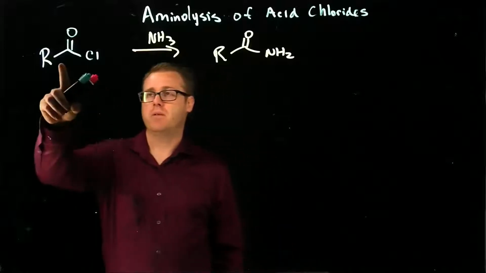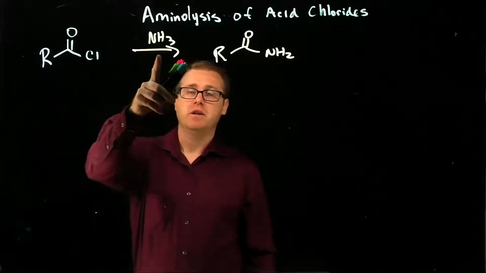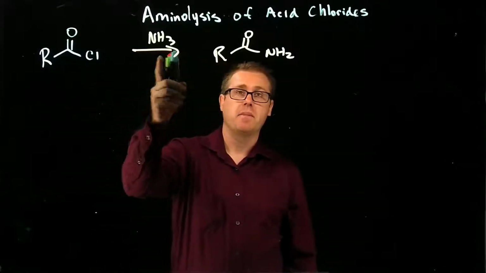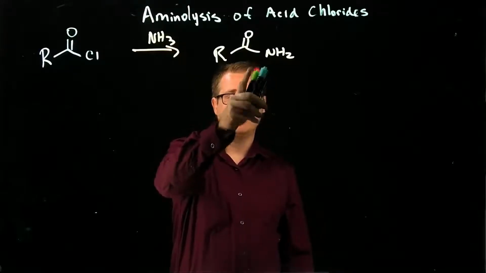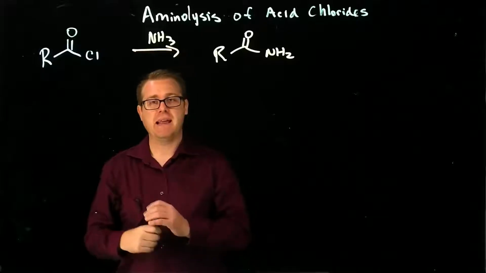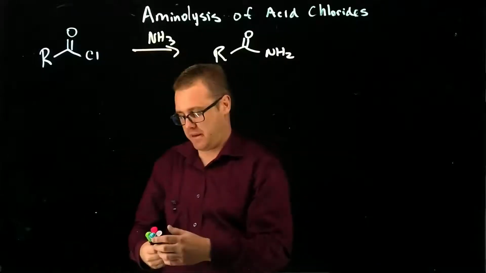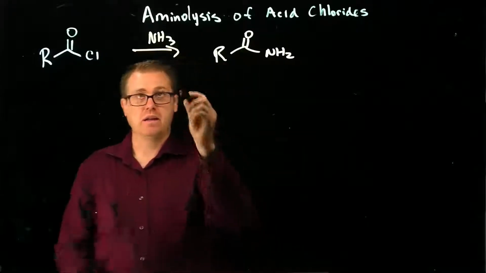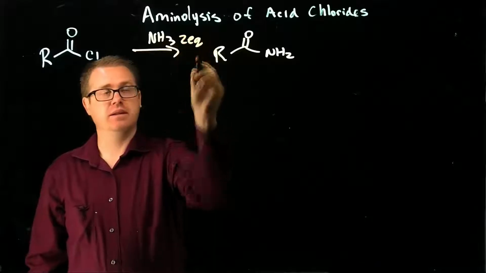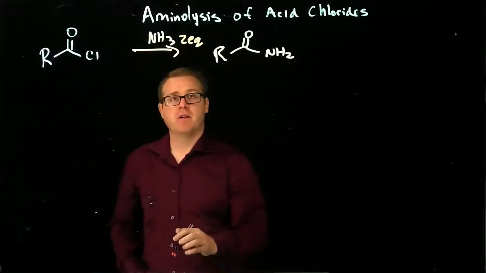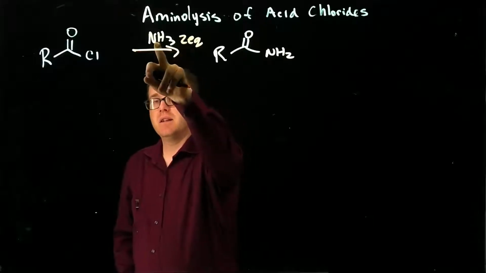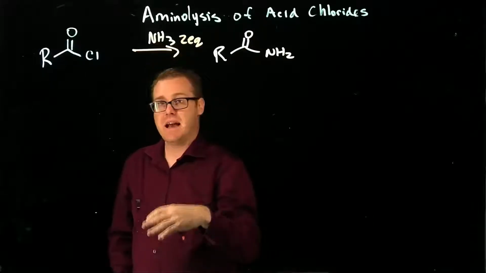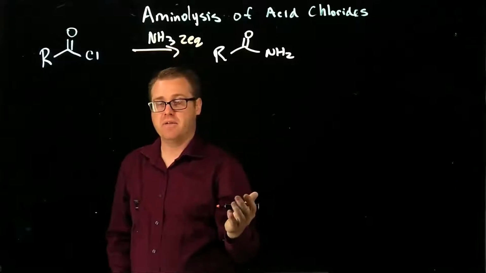That is in which you take your acid chloride, treat it with an amine, and you generate an amide. So put that in your toolbox. How to make amides. Here's one way. One thing to note, that you need 2 equivalents of this. And the reason why you need 2 equivalents is because the amine can act as the base and the nucleophile.